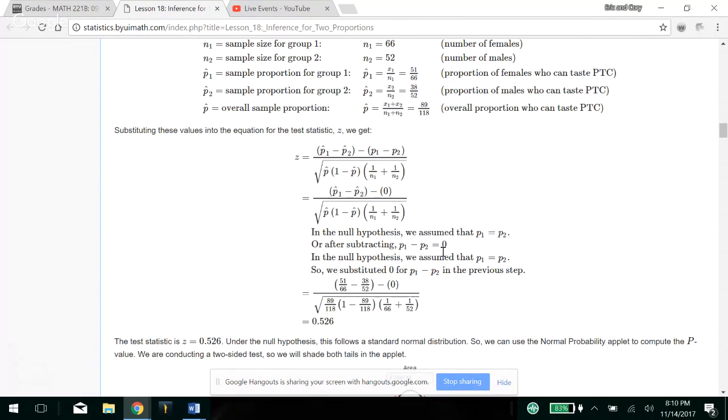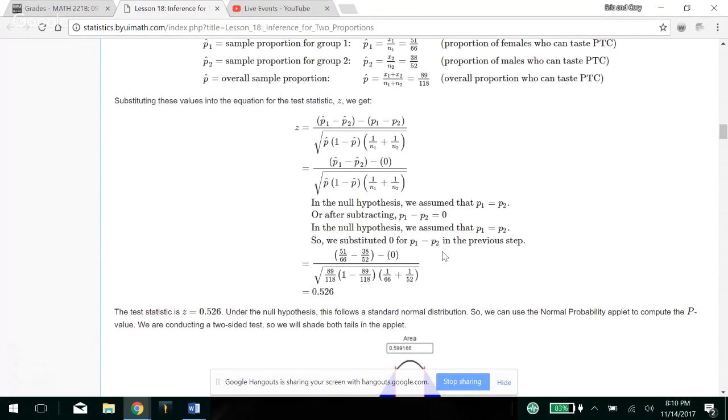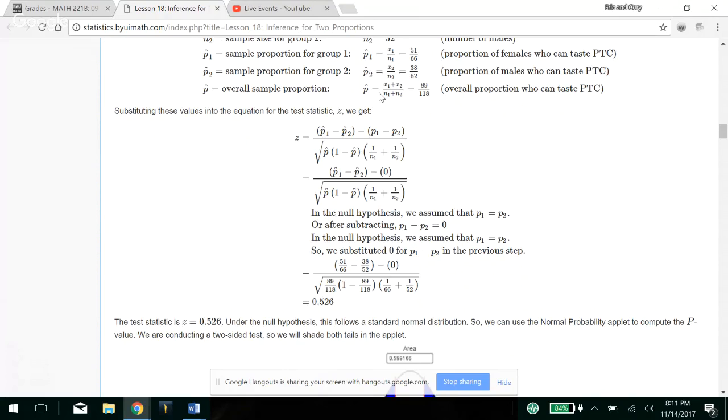Yeah, but then look at their numbers. They don't use P again. They only use P hat, the P hat underneath the radical. Right, and that's multiplied by 1 minus P hat multiplied by 1 over N. No, this is P hat.